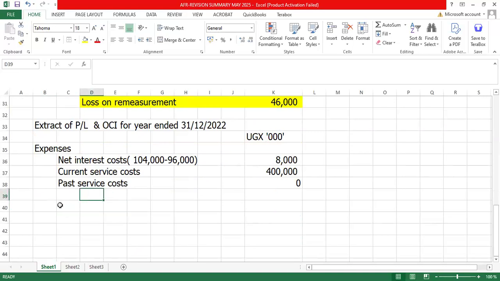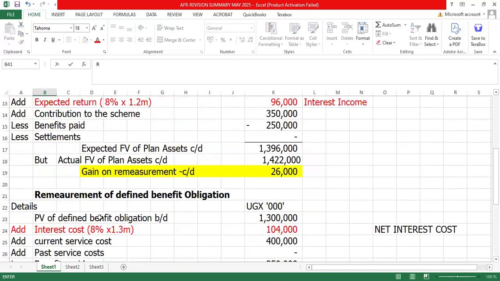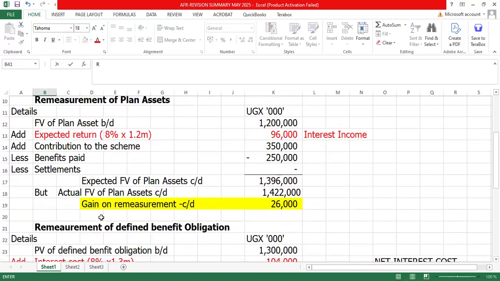Then we go to OCI. What are items that you must put under OCI? You can leave a space, then you put OCI, because these are extracts. OCI, what are you going to put? Do you have a gain?